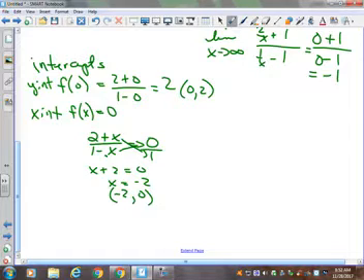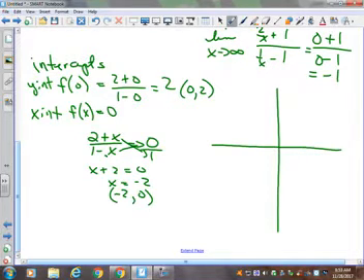But we may decide about symmetry here by just looking at the graph, because we've already done a lot of algebra. So where was our vertical asymptote again? Positive 1. And where was our horizontal asymptote? Negative 1. And then we have a y-intercept of (0, 2), and an x-intercept of (-2, 0).